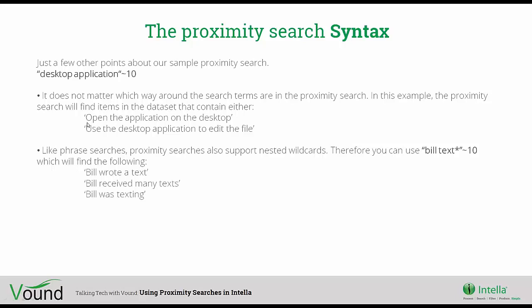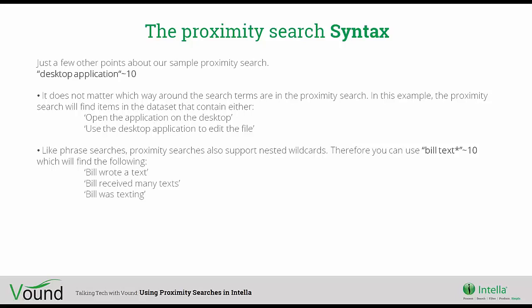So if we had a document that said opened the application on the desktop, that would be found with this search term, with either desktop or application first. It would also find use the desktop application to edit the file. Again, desktop and application are in the same proximity to each other.